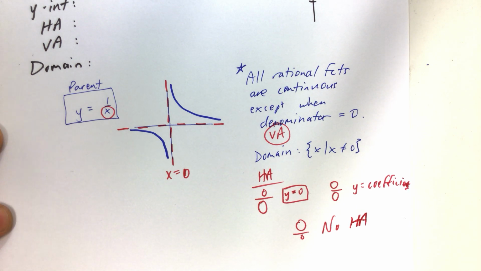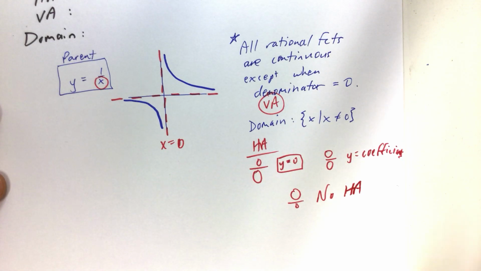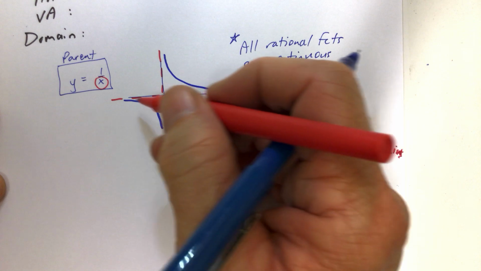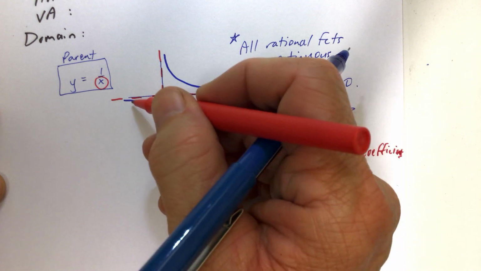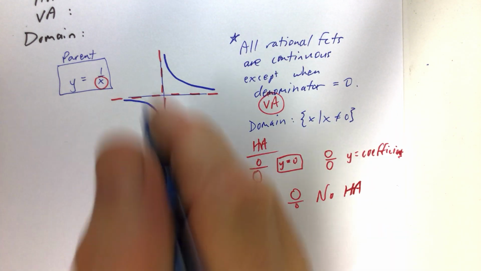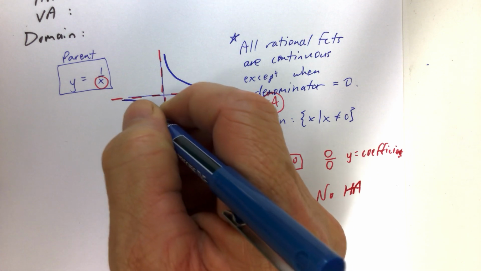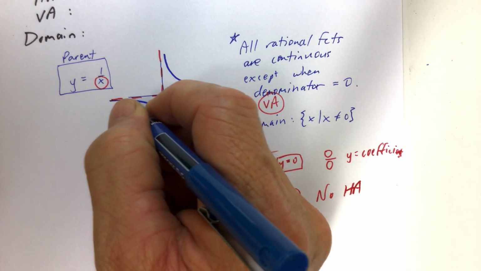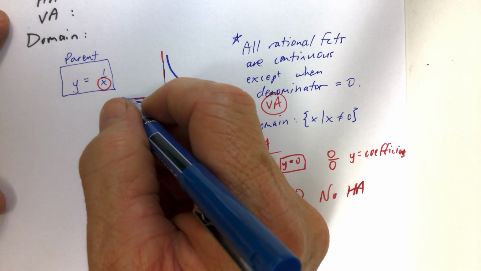The other thing that needs to be understood is that for rational functions, the graph will always tend toward the asymptote. So when x gets big in the negative direction, you see the y values getting closer and closer to the horizontal asymptote.